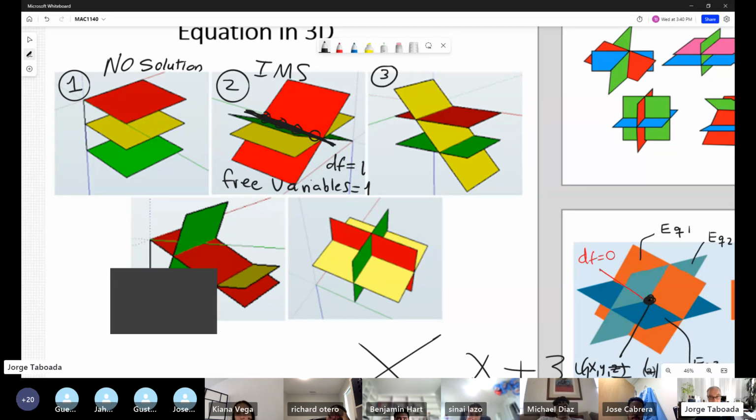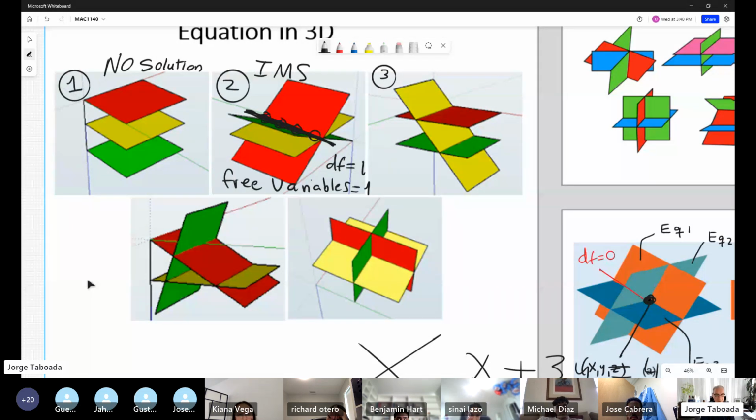What do you think of number 3? Thinking, please. Don't say something without thinking. We have solution, no solution, infinitely many solutions. Come on. And for today, I need an answer now.